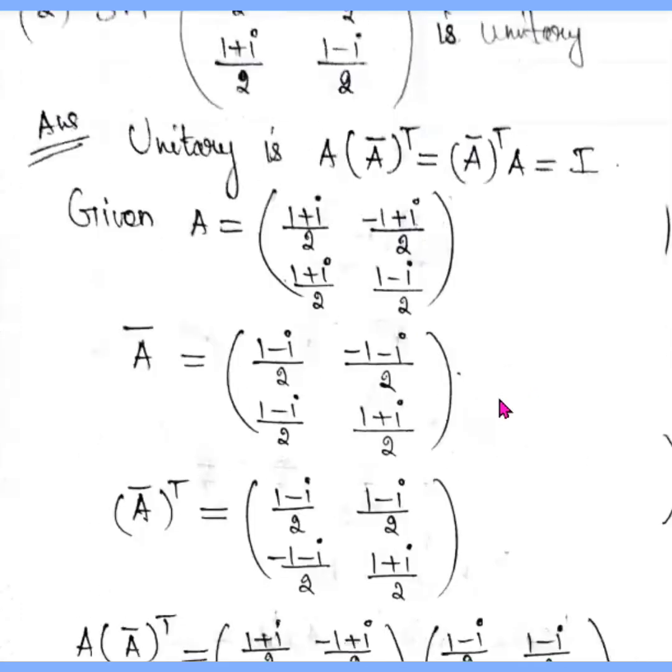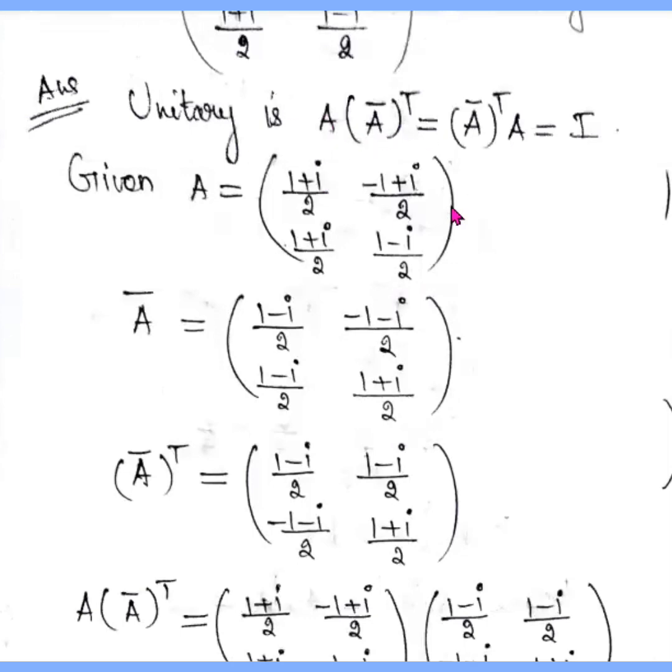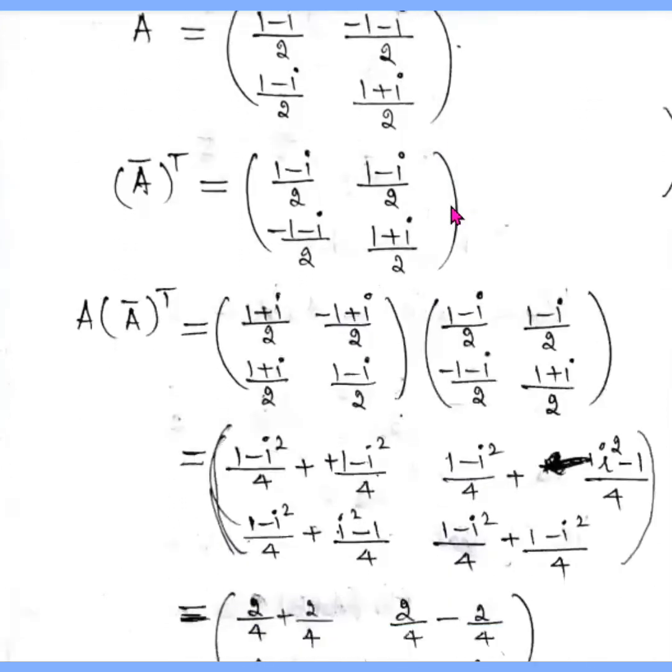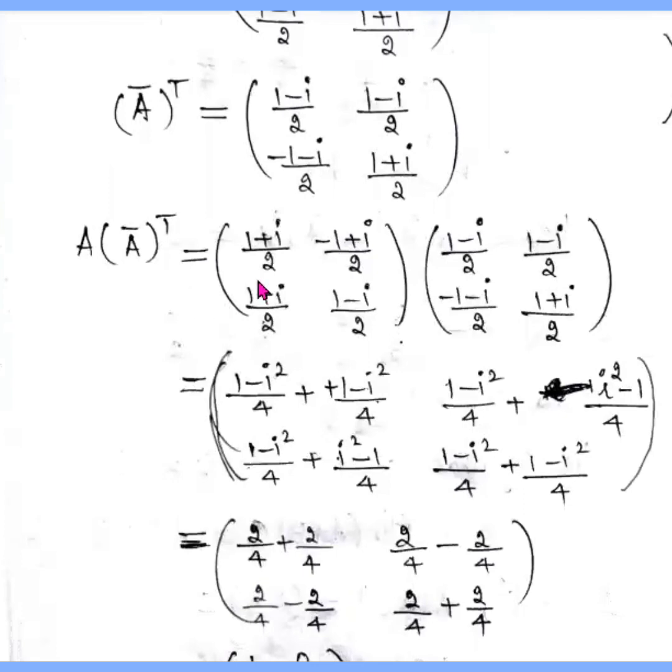Next we have to find A A bar transpose. A is given in the problem, first row (1 plus i)/2, minus (1 plus i)/2, second row (1 plus i)/2, (1 minus i)/2. A bar transpose we just got. These two you have to multiply.